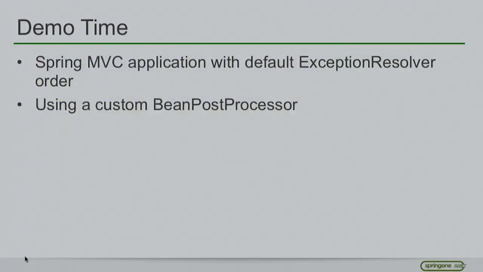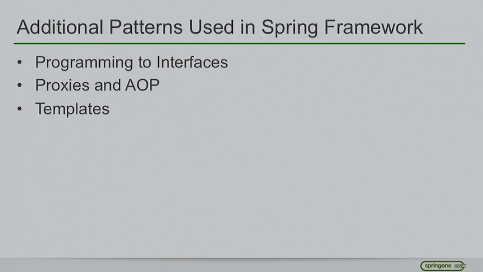Again, a really powerful feature, but that's not even scratching the surface of some of the things we can do. Let me quickly see if I can get through some of the other things here. Some patterns that we're going to look at. I'm going to skip through programming to interfaces, and I might even skip the demo and just let you take a look at the code, because I want to get through at least proxies and AOP. Templates: has anybody used templates in Spring? You understand the basic template pattern, right?